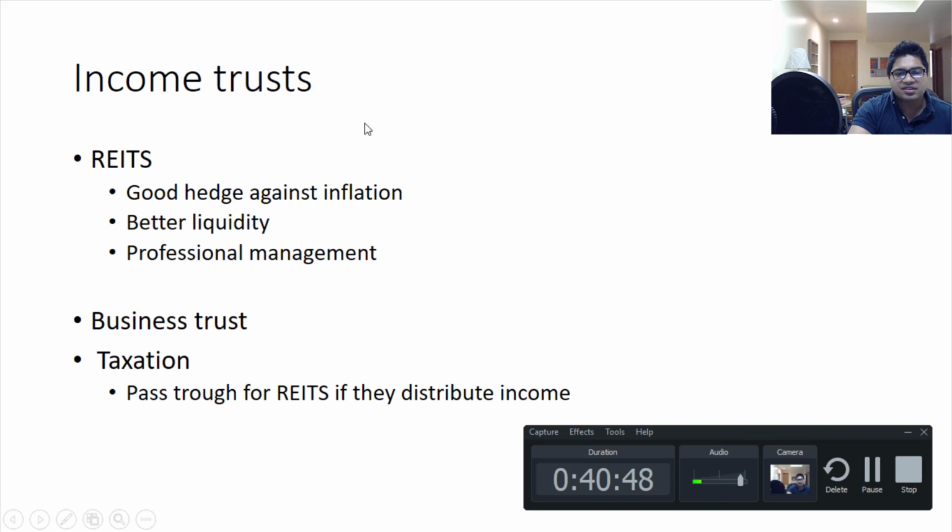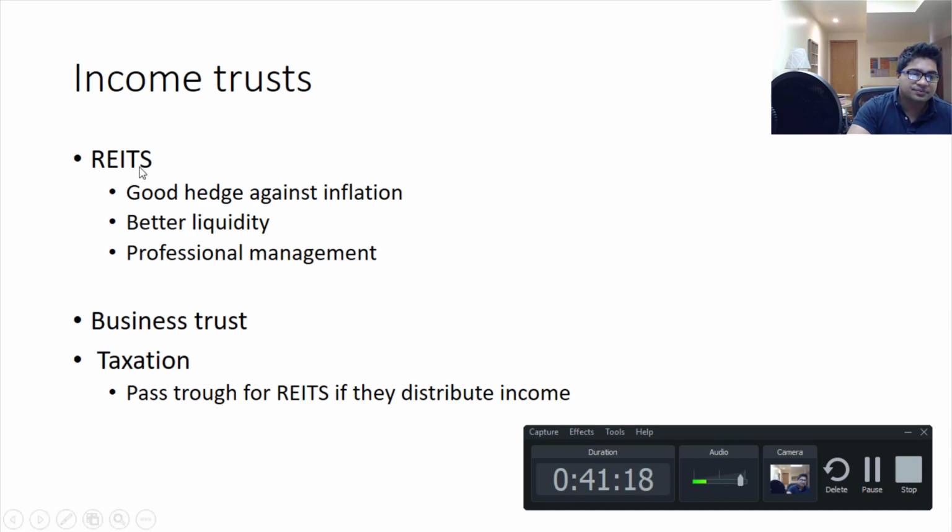Next is income trust. Income trust is like mutual funds: they pool money and then invest, but investments are not done in stocks and bonds. They are done either in conventional real estate, like commercial or residential properties, or in assets of a business, not stocks and bonds of a business, directly the assets of a business.